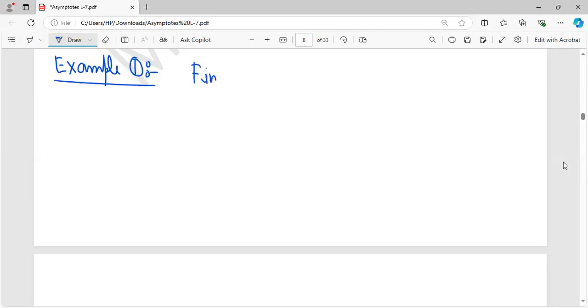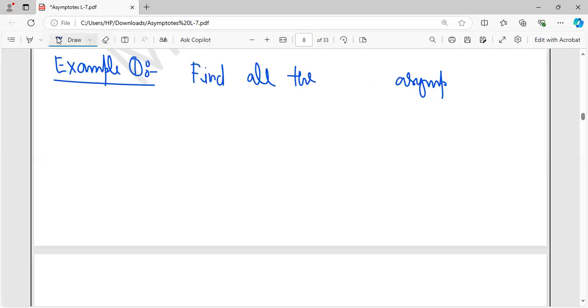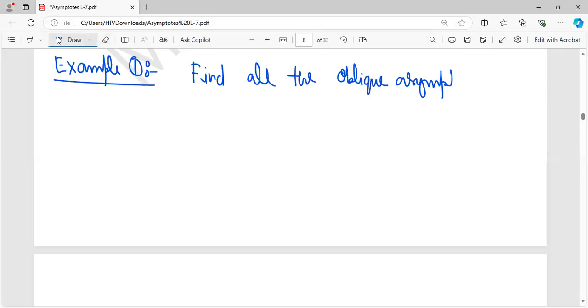Find all the vertical asymptotes and oblique asymptotes of the given curve.